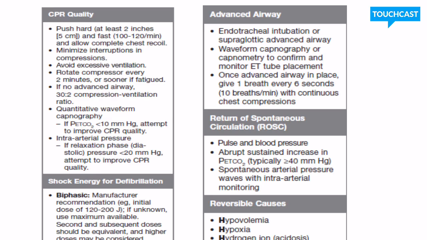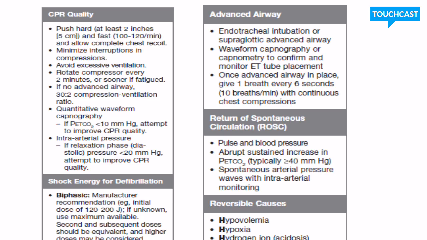If the patient is not intubated yet, the ratio of chest compression to ventilation is 30 to 2. You may use end-tidal CO2 to look at the quality of the CPR.